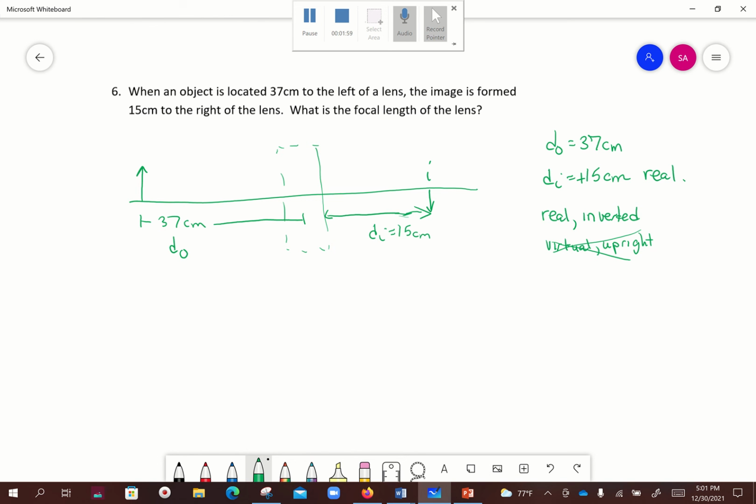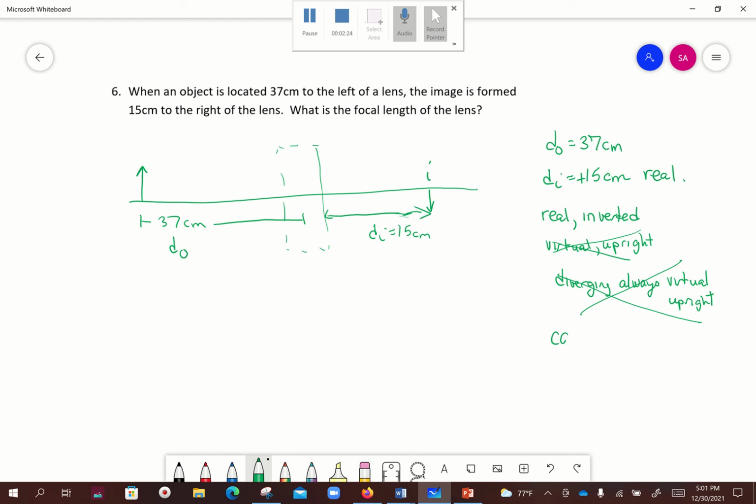Okay, so what kind of lens is this? Can I guess what kind of lens it is? Yes, I can, right? Because remember, for a diverging lens, it's always going to have a virtual, upright image. So since my image is real and inverted, I can't have a diverging lens.